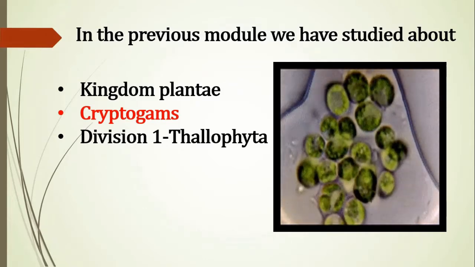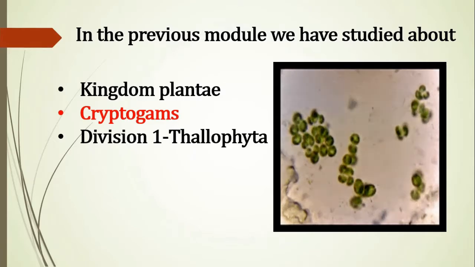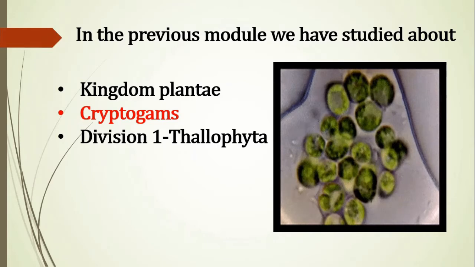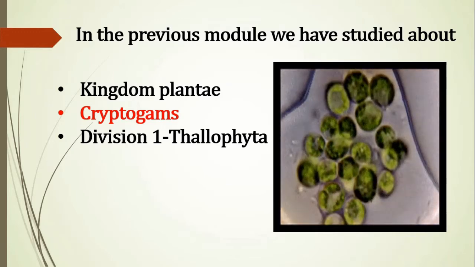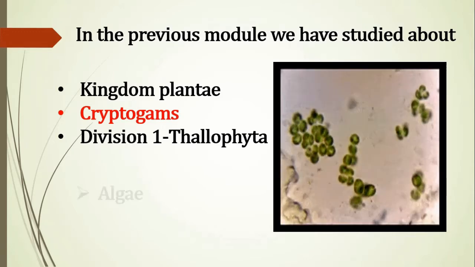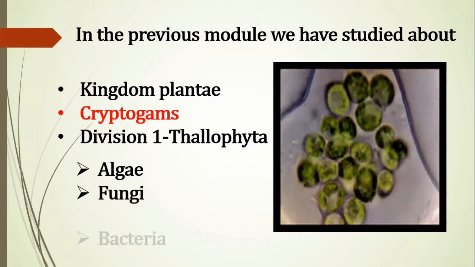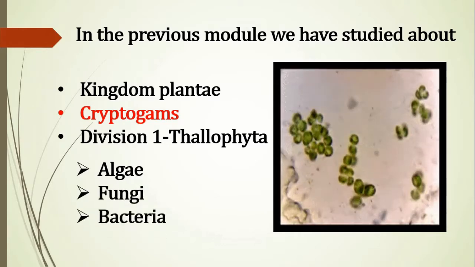Division Thallophyta is a group which includes primitive forms of plant life showing simple plant body. Division Thallophyta is classified into three groups: algae, fungi and bacteria.